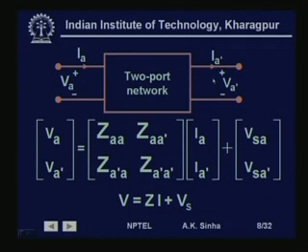Now, we can write down the voltage and current relationship for this 2 port network as VA dash is equal to ZAA dash, ZA dash A and ZA dash A dash into IA dash. Now, these impedances are basically called the open circuit impedances for this network.